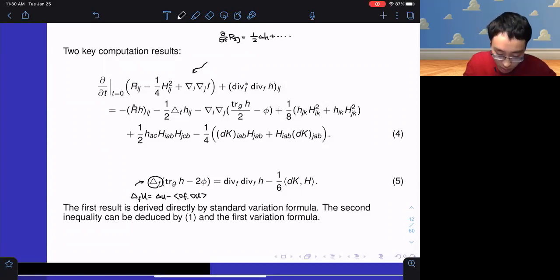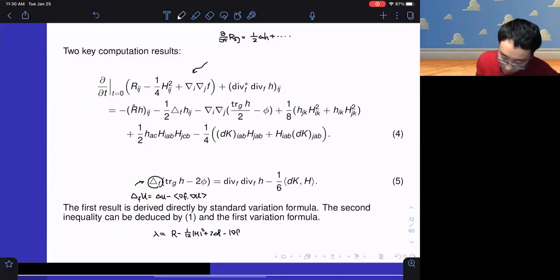Okay, so how to derive this result? This is due to the fact that our lambda can be expressed as r minus 1/2 h squared plus 2 Laplace f minus gradient f squared. And because we are at the critical point, the derivative of lambda is always 0.